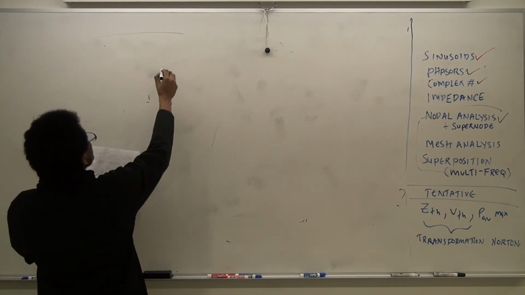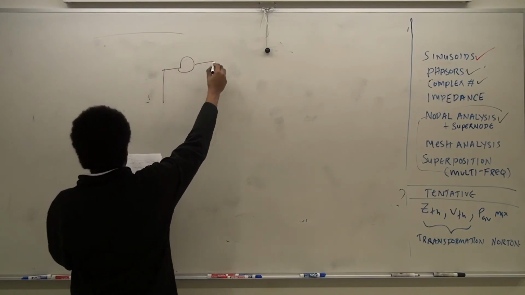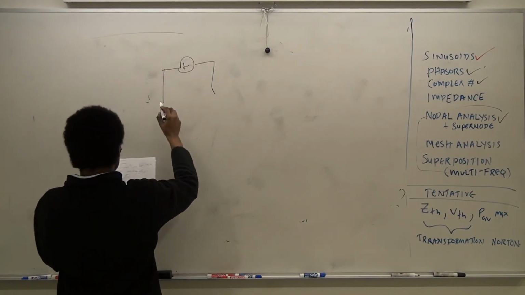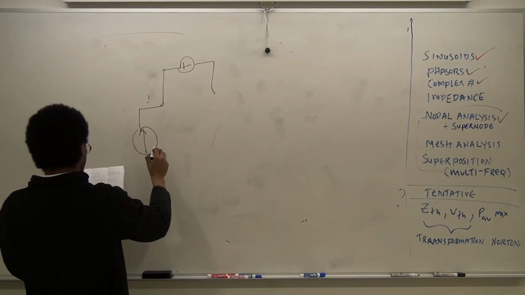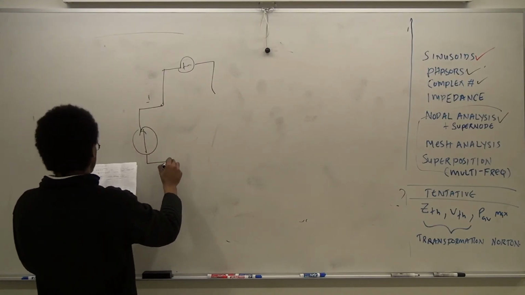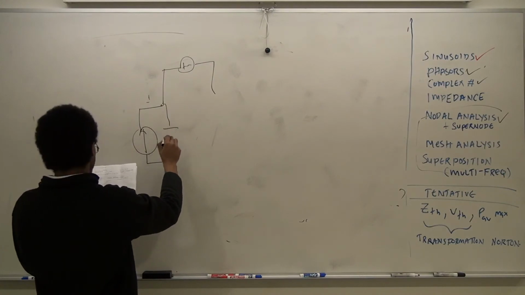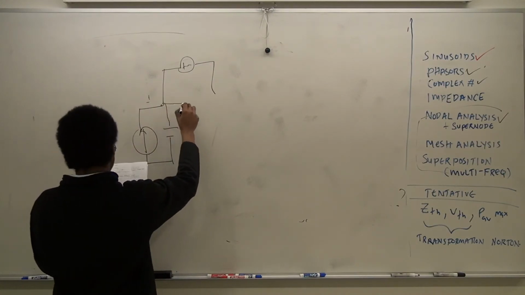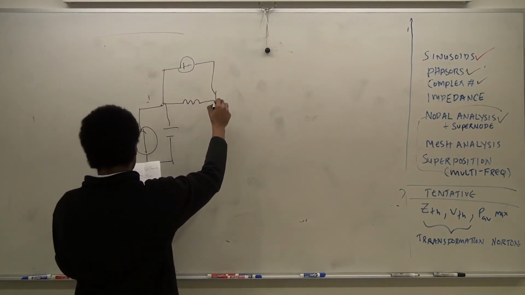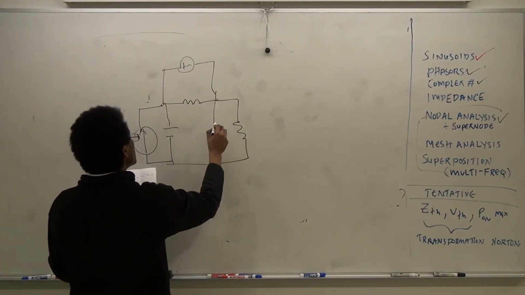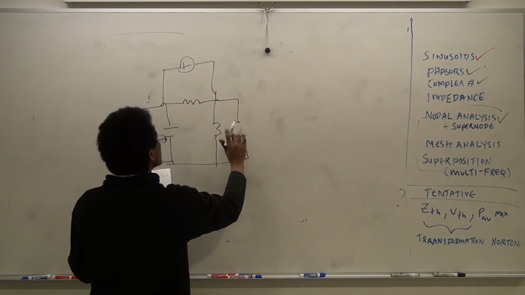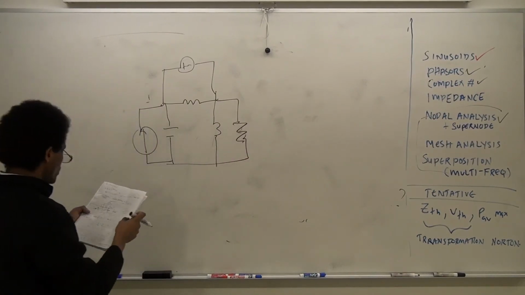This is going to be very quick. So we've got a plus, we've got a minus, we've got this element, and we've got this one. Okay, this circuit here.